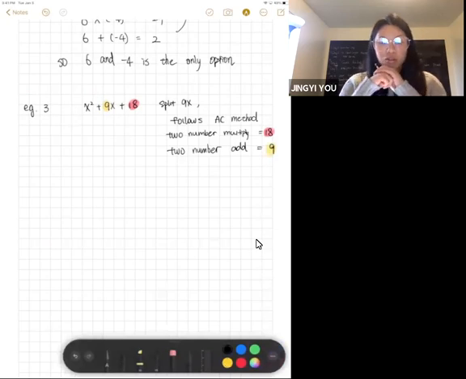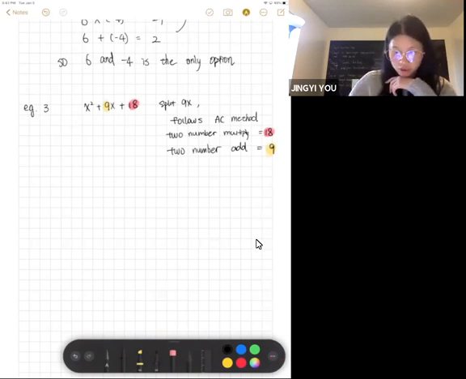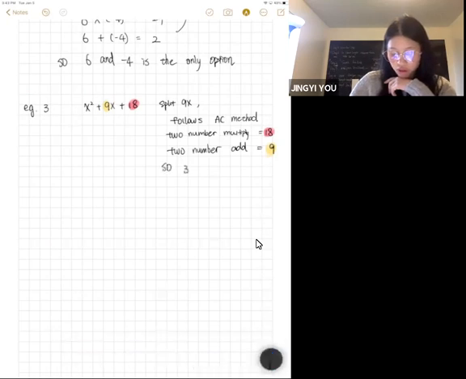So let's think, which two numbers? So 3 and 6 is the only option that works. So 3 and 6 is the only option for this method, because 3 times 6 is equal to 18.